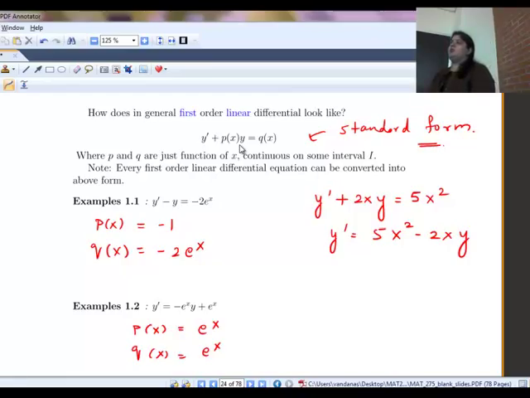You know how to solve separable equations. So maybe the first thing you should try to see is whether you can convert this into separable. And you just now said you can't convert it. But is there anything else which I can do with this differential equation so that I can convert it into separable? So let's understand this slowly.